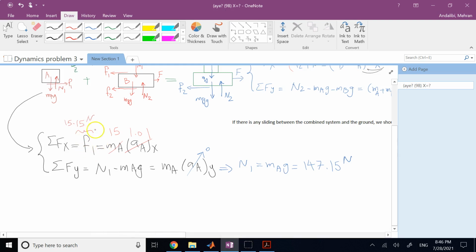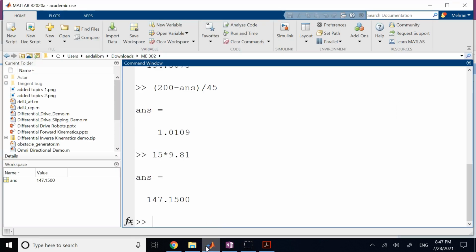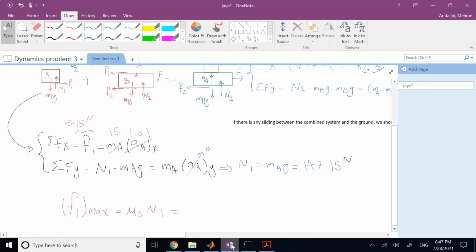How much is the maximum friction that you can have between A and B? The F1 max is how much? At max, it can be mu s times N1. Mu s is 0.4. That is your N. If you multiply N by mu s, correct? So multiply this answer by 0.4, you will get 58.86.